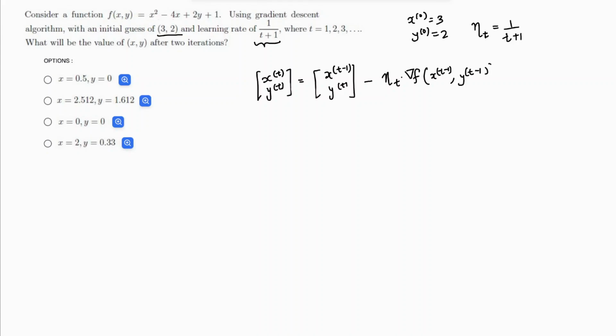This is the gradient descent algorithm, and this update happens starting with the initial point 3, 2. Okay, so let's do this for the function given in the question.